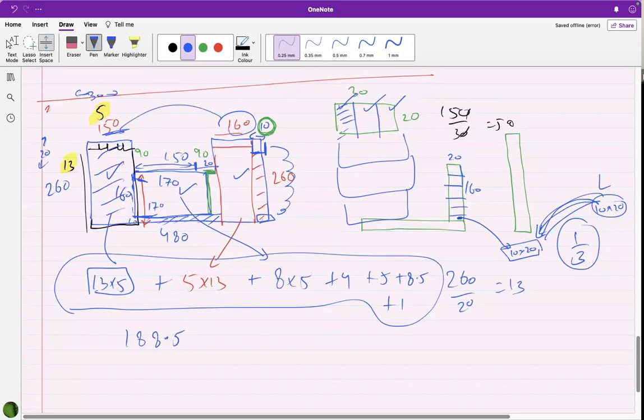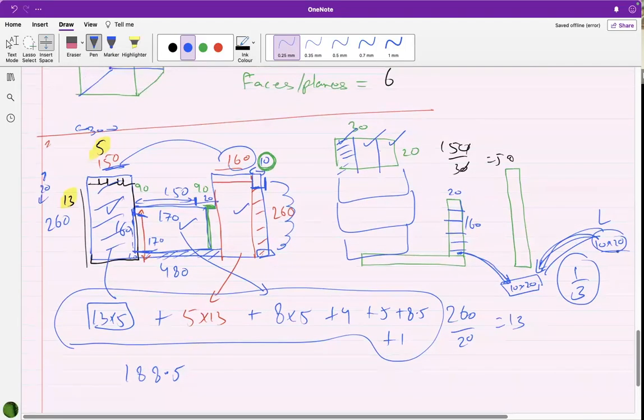We know the dimensions. The dimension is 10 centimeters by 20 and the other dimension is 10 into 10. Oh, sorry, 10 into 20. Let me quickly check that. This is 20 and 10. 160, 150, 10. 10 is left on this side, 20. This is for sure 10 into 20. And this full length was 260, 13.